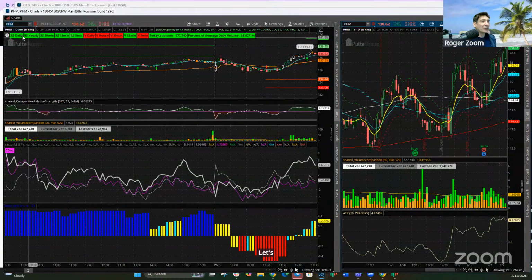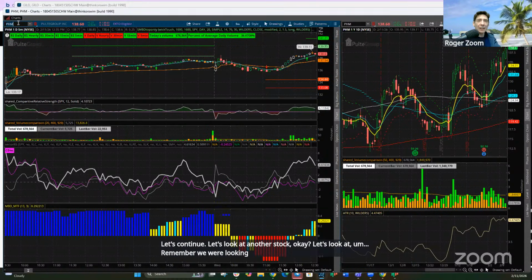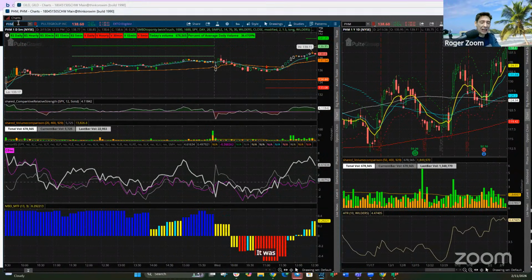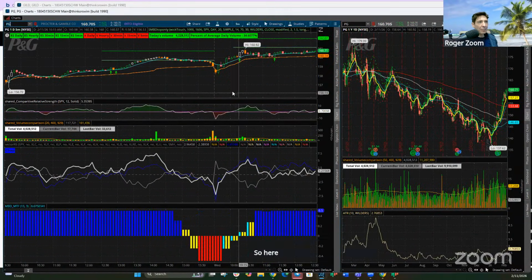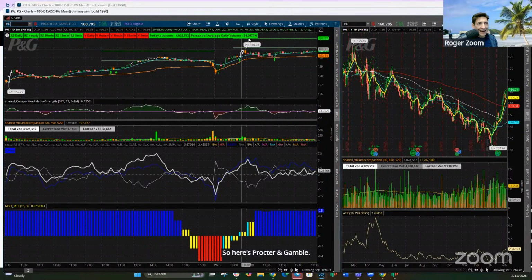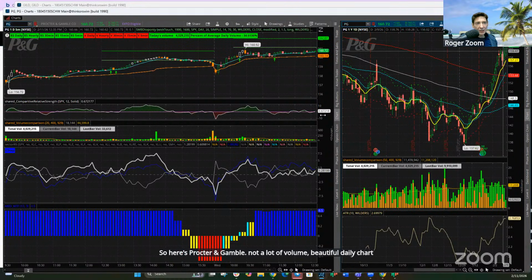Let's continue. Let's look at another stock, okay? Remember we were looking at Coca-Cola and it was weaker than the sector? Well, let's take a look at Procter & Gamble. Maybe that looks different. Not a lot of volume. Beautiful daily chart.